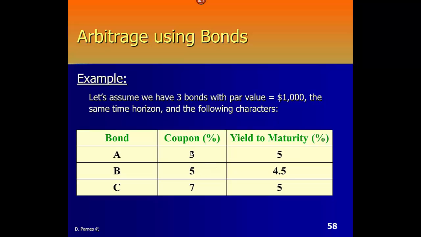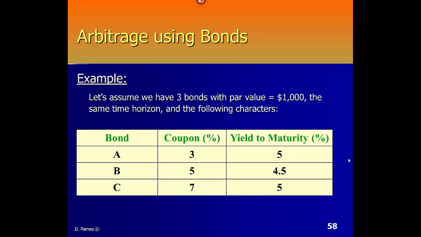The coupon rate of bond A is 3%, the coupon rate of bond C is 7%, so all we need is to invest 50% of our money in bond A and 50% in bond C, simply because 5 is exactly the average of 3 and 7%. In this case, we will replicate the same coupon rate as bond B.